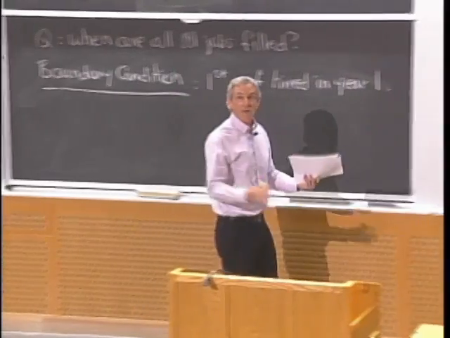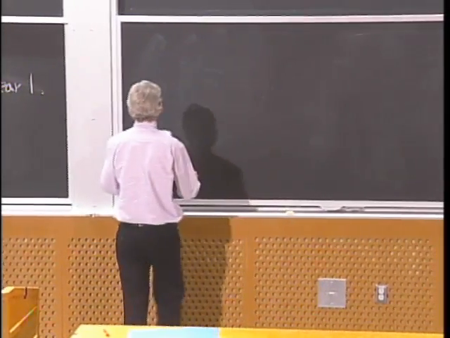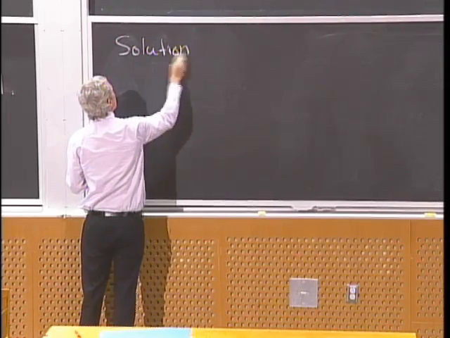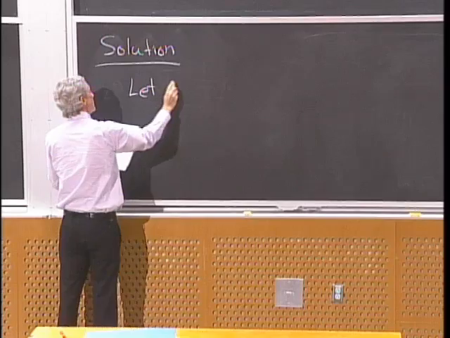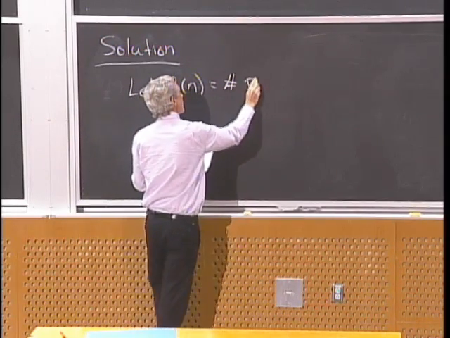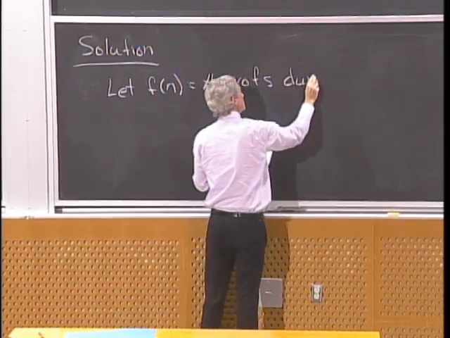OK, so now we have all the information necessary to solve the problem. So let's do that and set up a recurrence. We're going to define f of n to be the number of professors during year n.